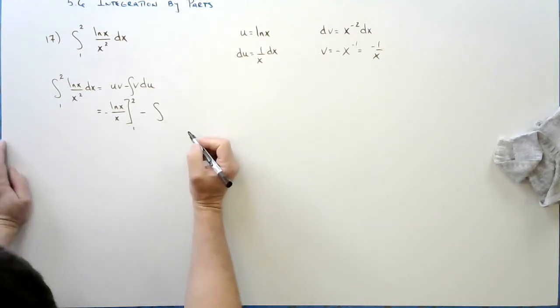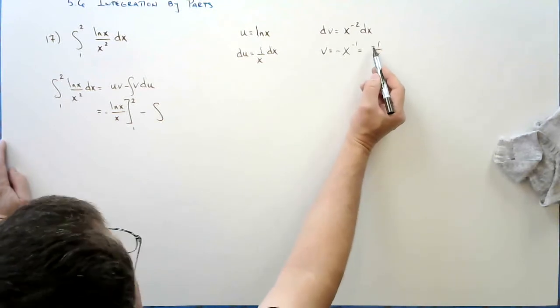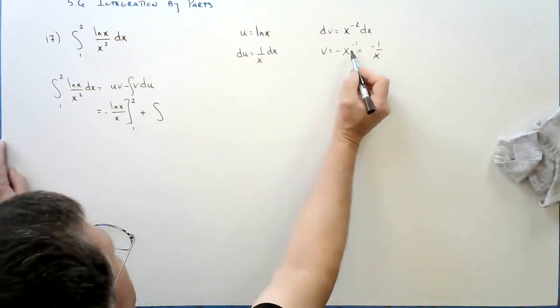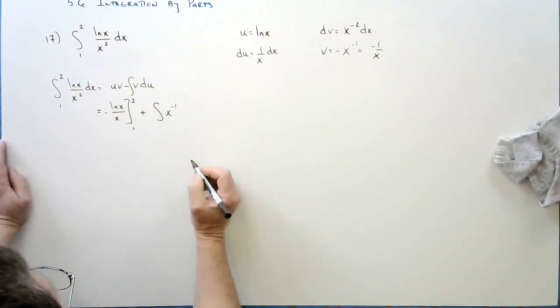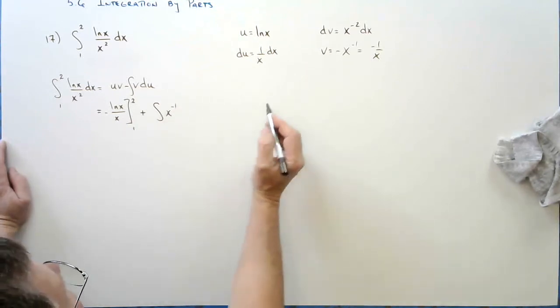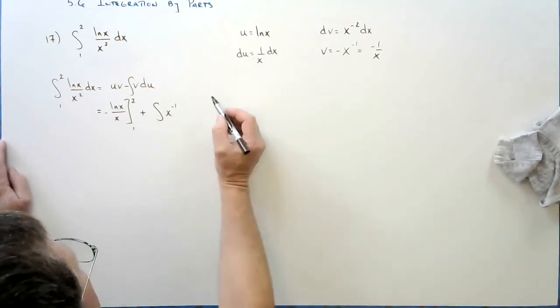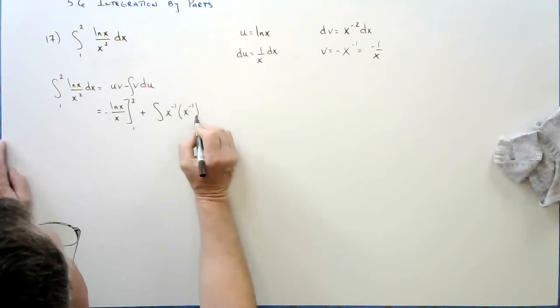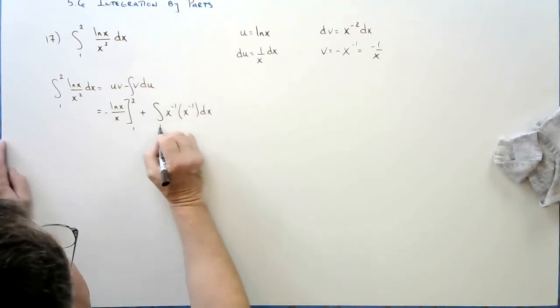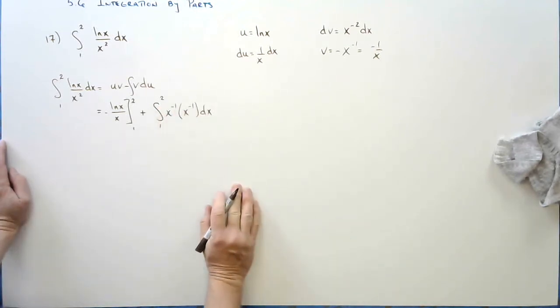Minus the integral of v, which has a negative sign, so that's going to be a plus. That's x to the -1 times du, which is another x to the -1 dx, and that's going to be evaluated between 1 and 2.